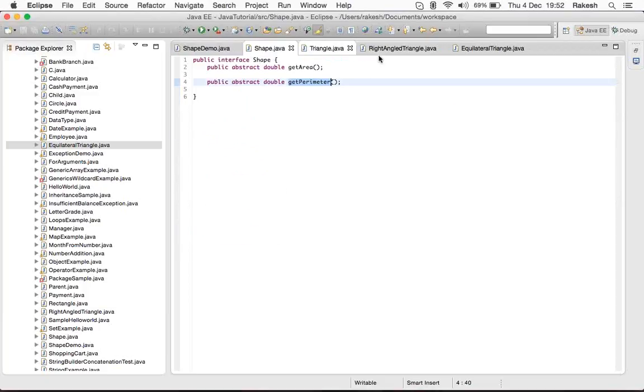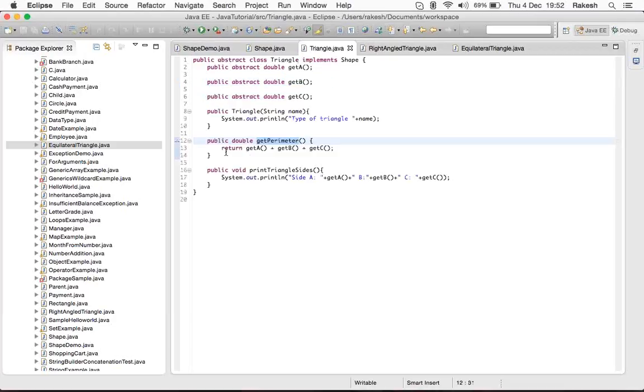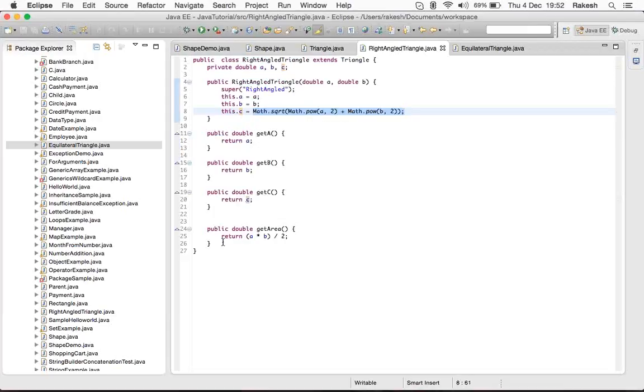So one way to implement the get area is something like this. Let's give me 1 second, or the get perimeter.